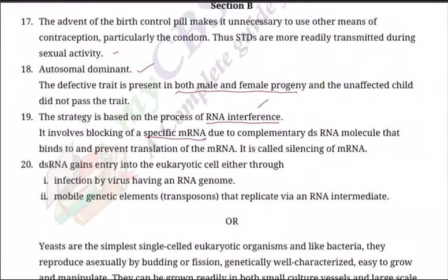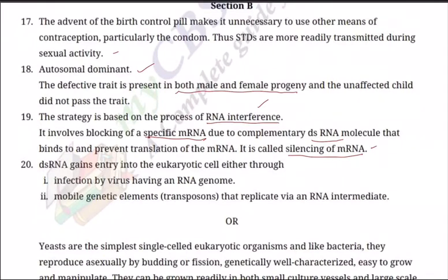It involves blocking of specific mRNA due to a complementary double-stranded RNA molecule that binds to and prevents translation of the mRNA. Hence it is called silencing of mRNA. So this is the best technique in which we can stop this infestation, that is, by silencing of mRNA.